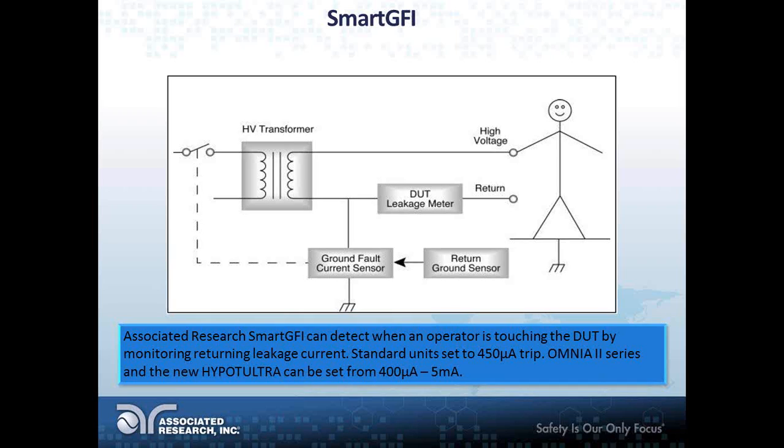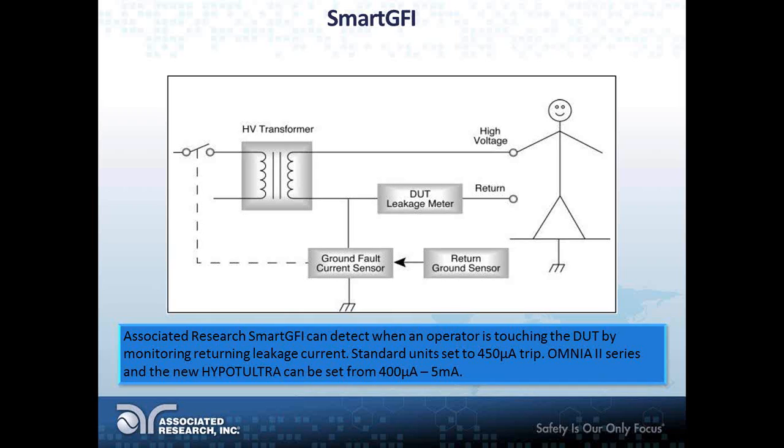Standard units have a trip setting of about 450 microamps, so basically if the SmartGFI circuit detects a deficiency of 450 microamps between the high voltage output and the return, it will trip and stop the output. It knows that something's not right, and the amount of current that was output is not returning back through the return line.